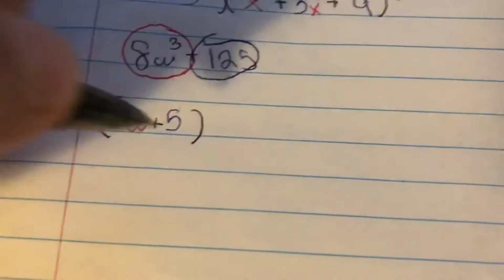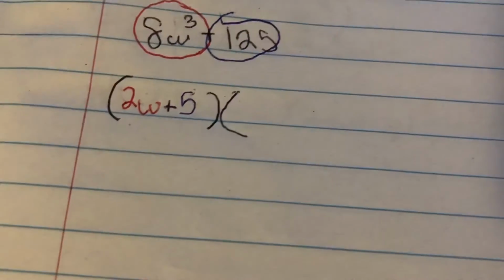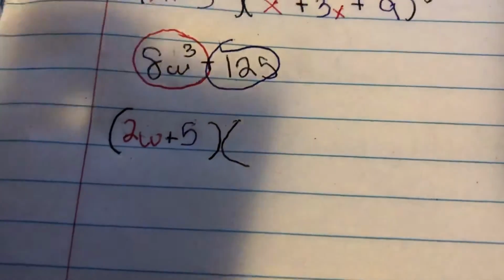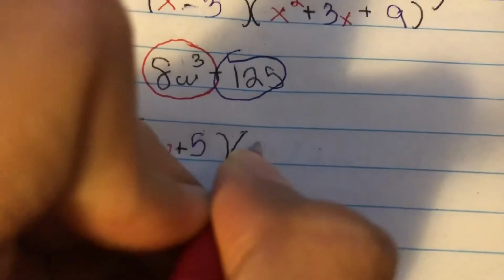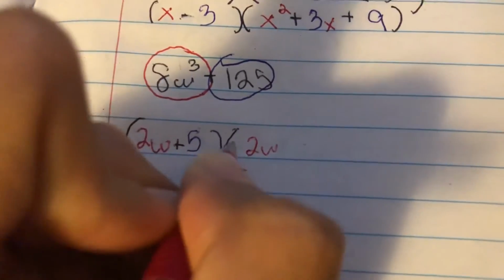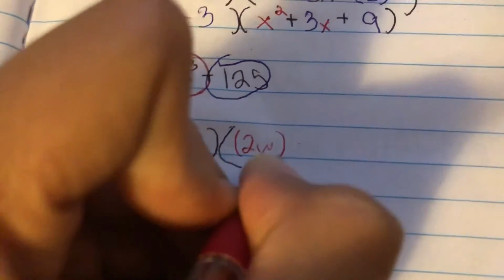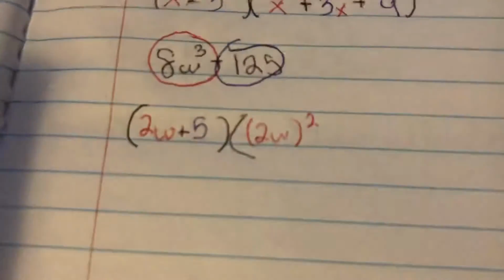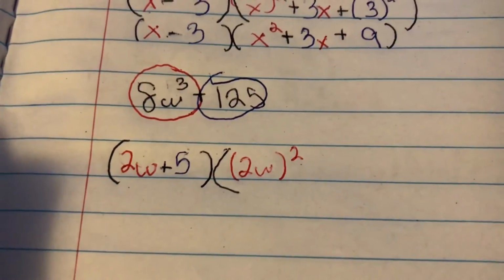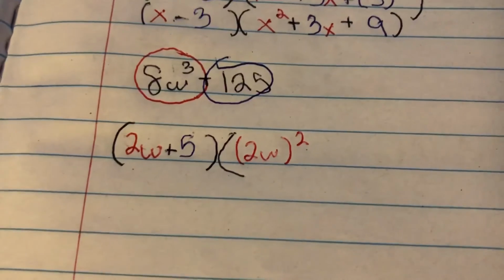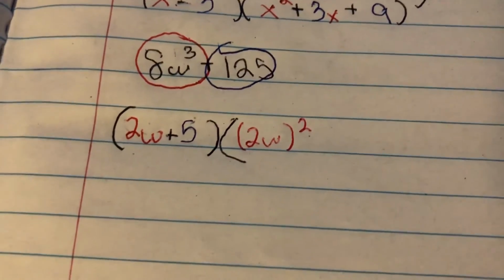So now I gotta do the second part, which is the hardest part. This was the easy part. What I like to do is bring down the 2w and square that, like I did on the other one, same thing. We're gonna use the same technique.